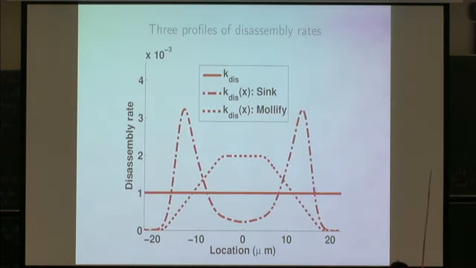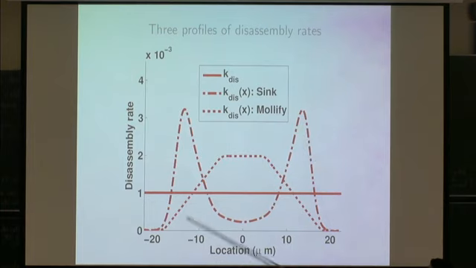We have exactly the same type of idea for the rate of disassembly: something constant all over the cell, or we use the shape of the sink from the data.